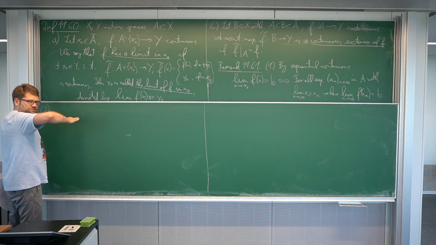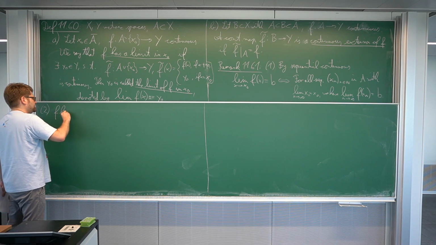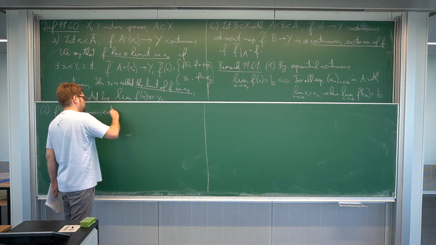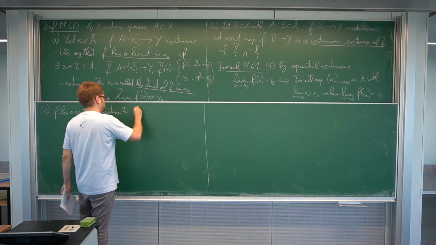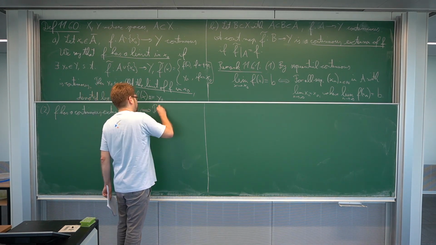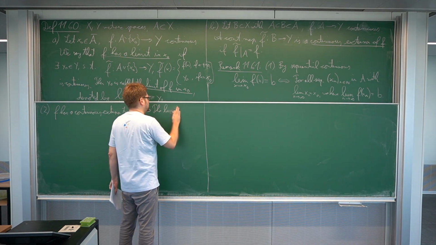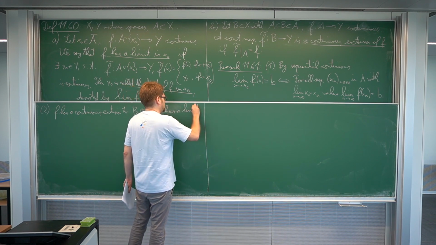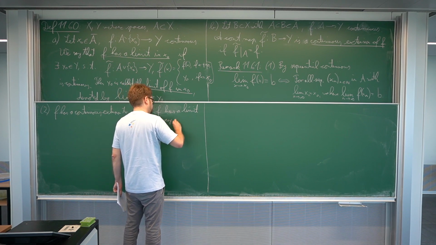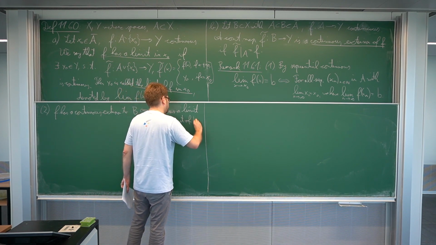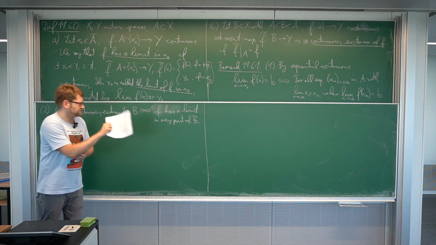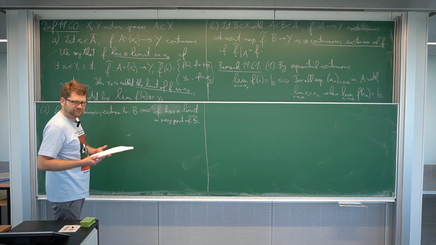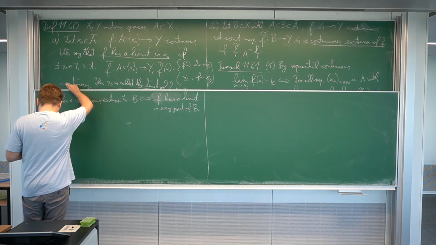So F has a continuous extension to B if and only if F has a limit in every point of B. We just need to include this particular value everywhere, so define the extension by taking the limits as the values of the extension of F, and then we get that. So this is really a direct relation between them.